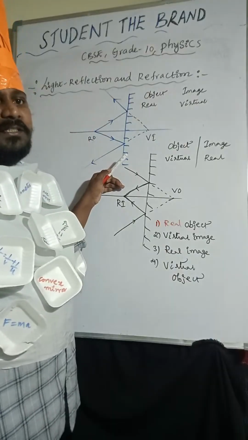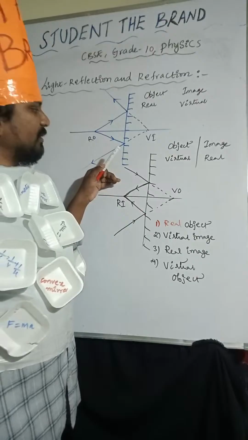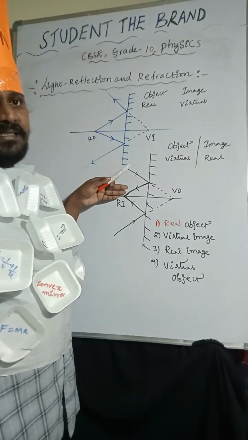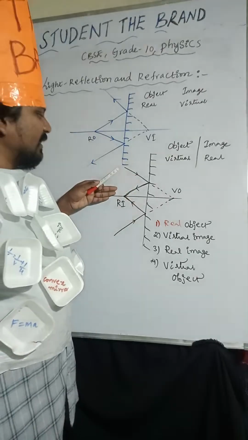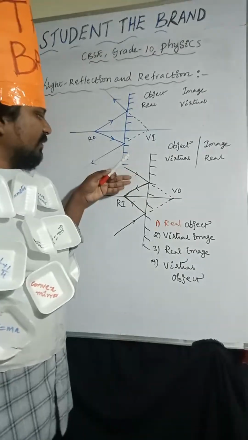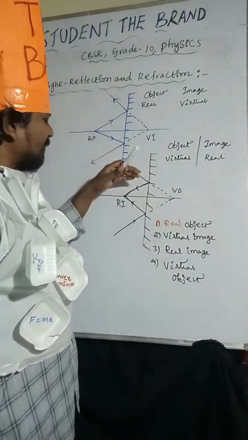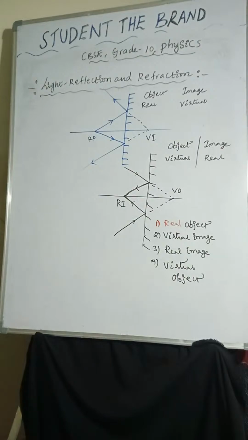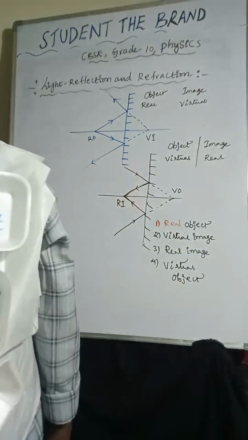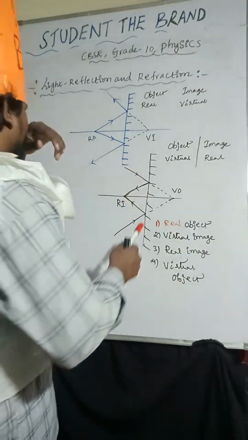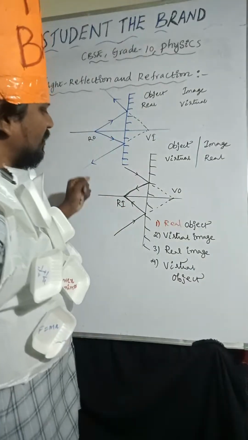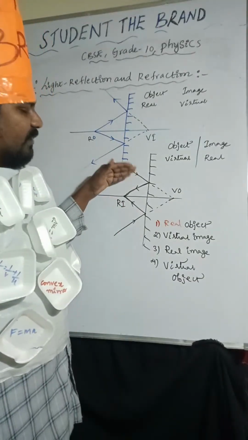Coming to real image, the point of intersection of reflected light rays. Here these reflected light rays are meeting at one point. The point of intersection of reflected light rays is called real image.